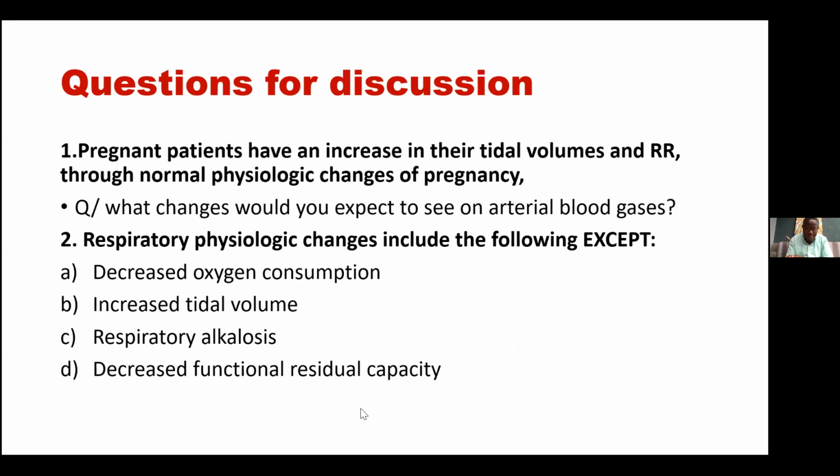So here are some questions and answers. Liberata, are you already back? The pregnant patients have an increase in the... so let us keep going, jump the question. Maybe we can give Liberata a chance to catch up at the end if she managed to settle.